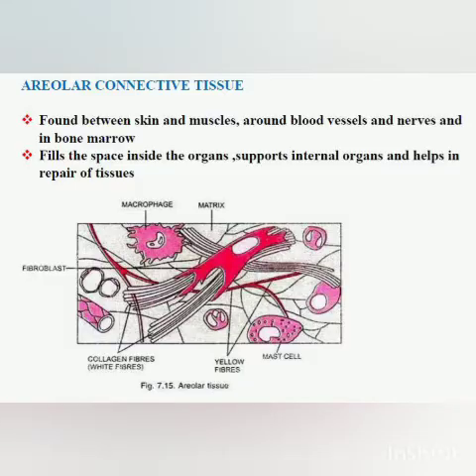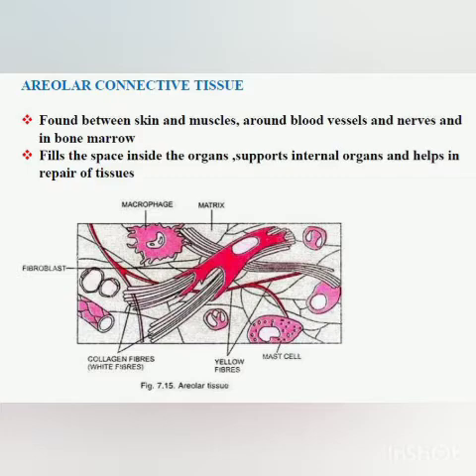Another type of connective tissue is areolar connective tissue. Okay. Now, it is found between the skin and the muscles. Okay. And it has, as you can see, fibers also. No need to go into detail. That is just for your understanding. It has cells also. It has fibers also. Okay.